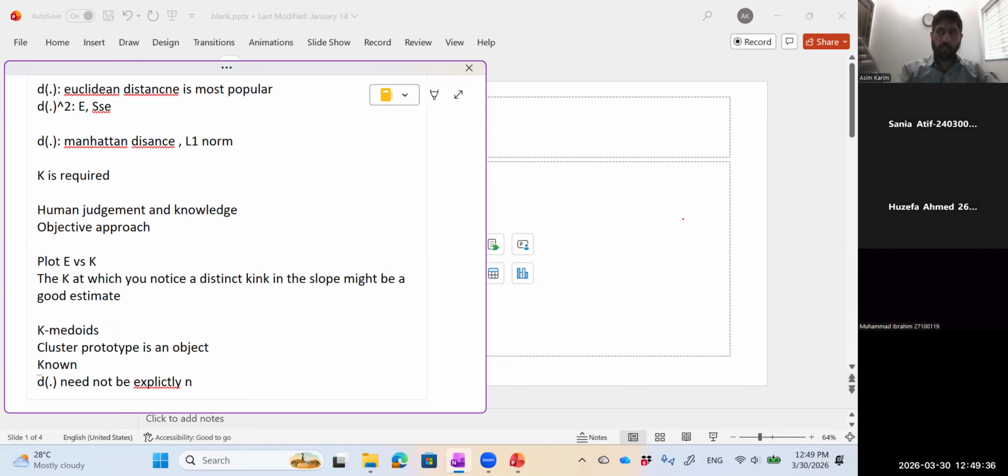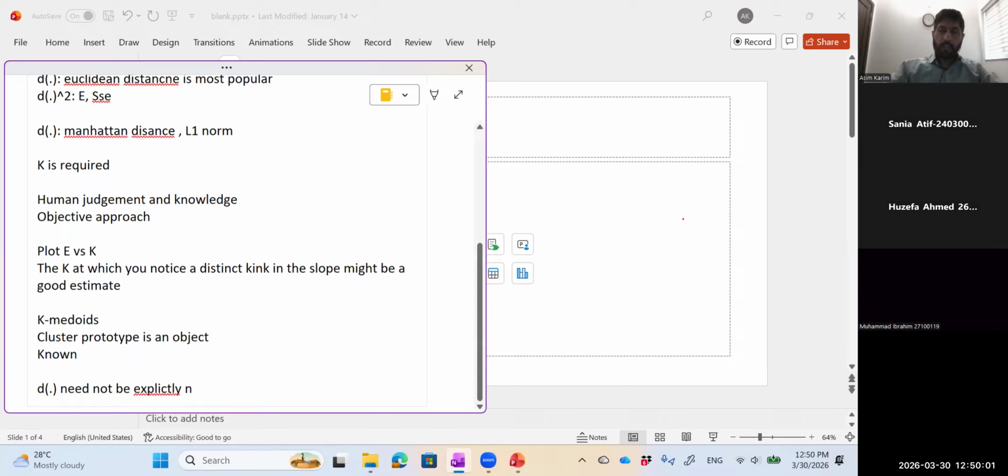If you just have pairwise dissimilarities between objects, then you can still apply K-Medoids. Because आपके सारे distances between objects ही होंगे. Unlike in K-means, आपके सारे distances between points नहीं होते. They are between points and a mean that may not be an actual object. ठीक है? So that's one advantage.